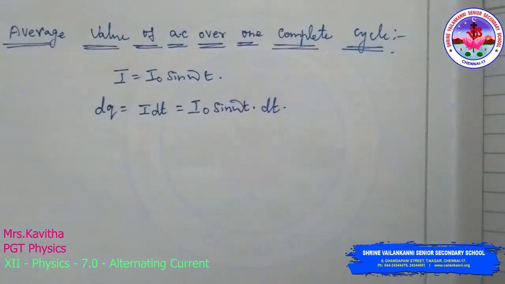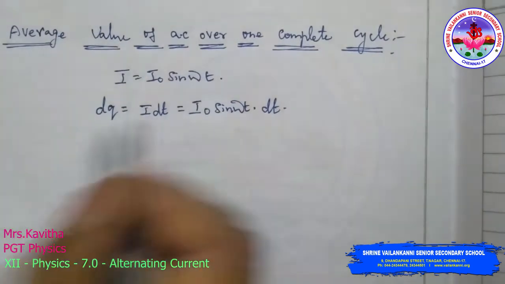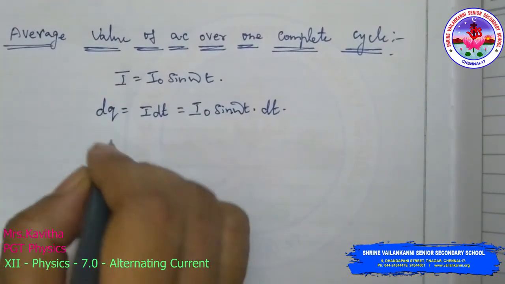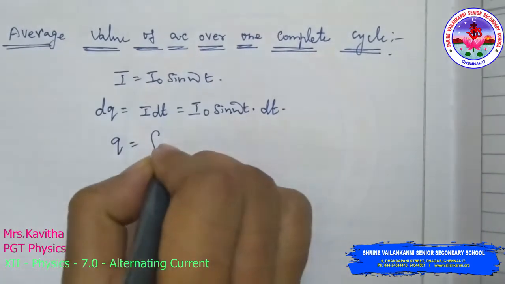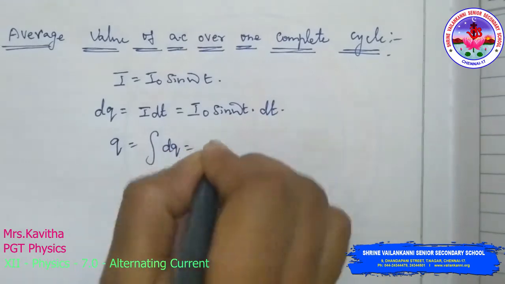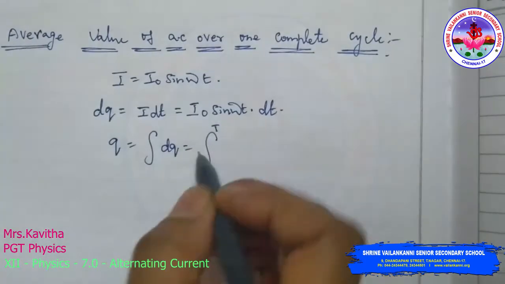For the total charge that flows through the circuit in one complete cycle, Q equals the integration of dq, which is the integration from 0 to T for one complete cycle.